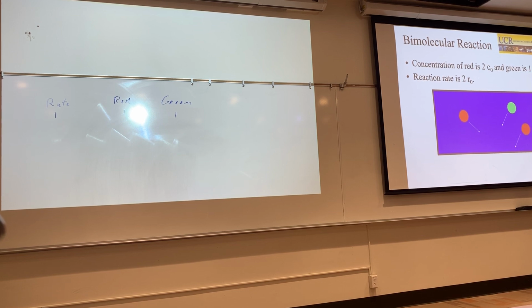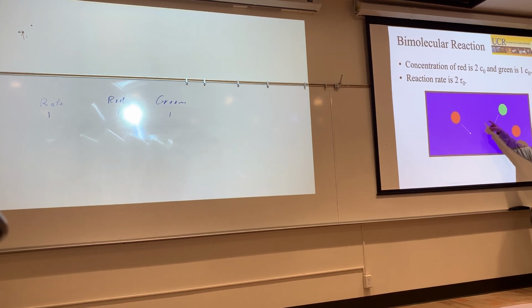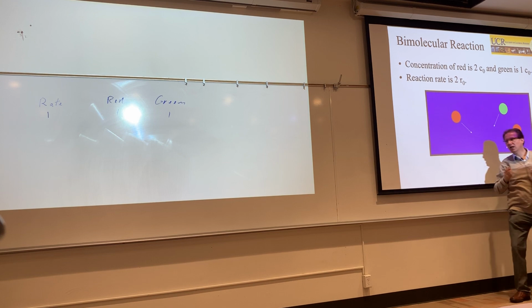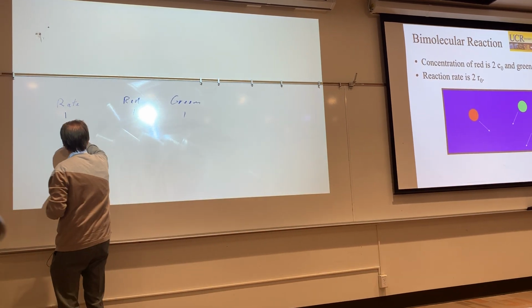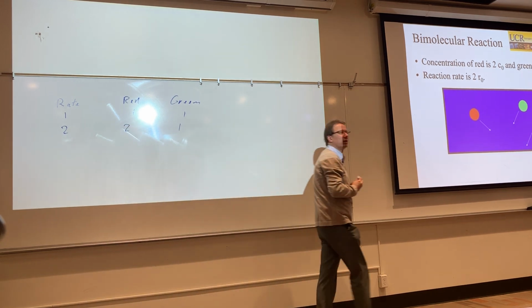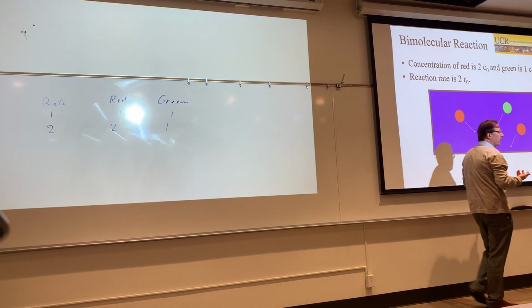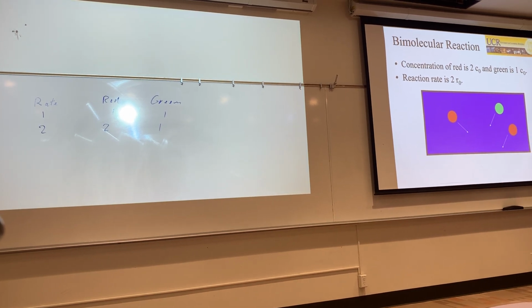Now if I happen to have two red molecules in this container, then this red molecule can hit this green one, or that one can hit this green one, and quite logically then the reaction rate will be twice as big if I have two reds and one green. Just 2 times the chance for the reaction to occur, because there are now 2 red molecules which can possibly hit the green one.